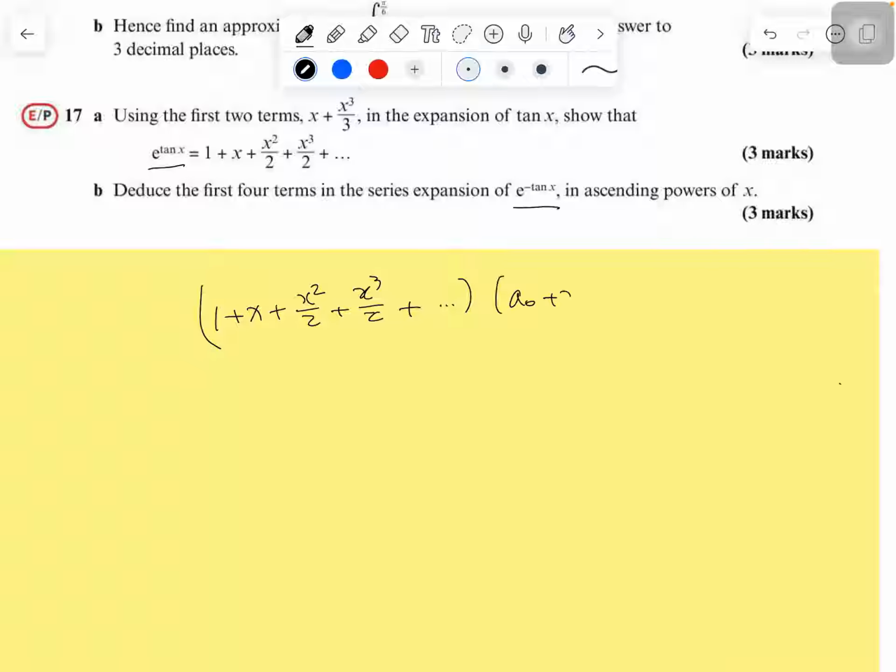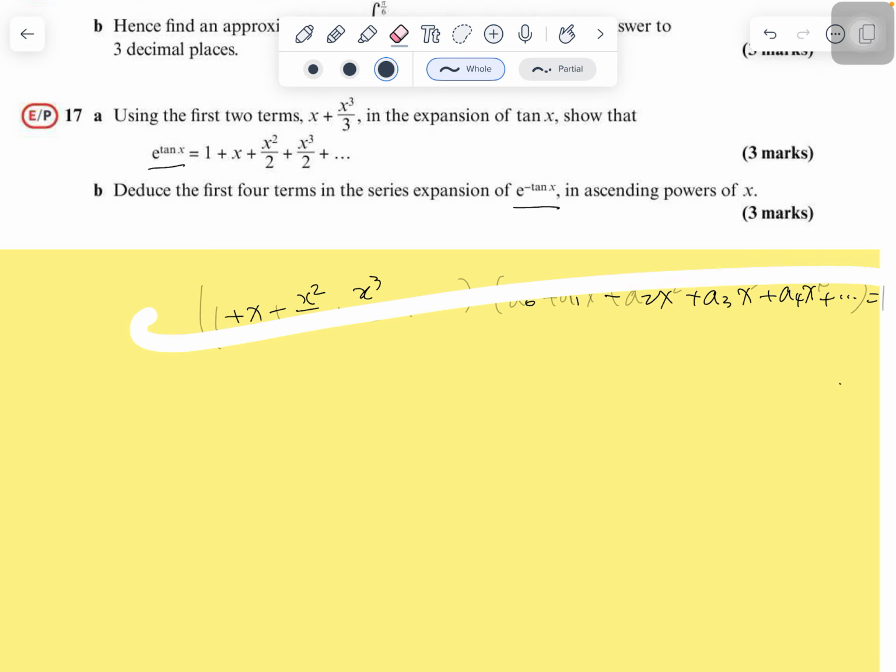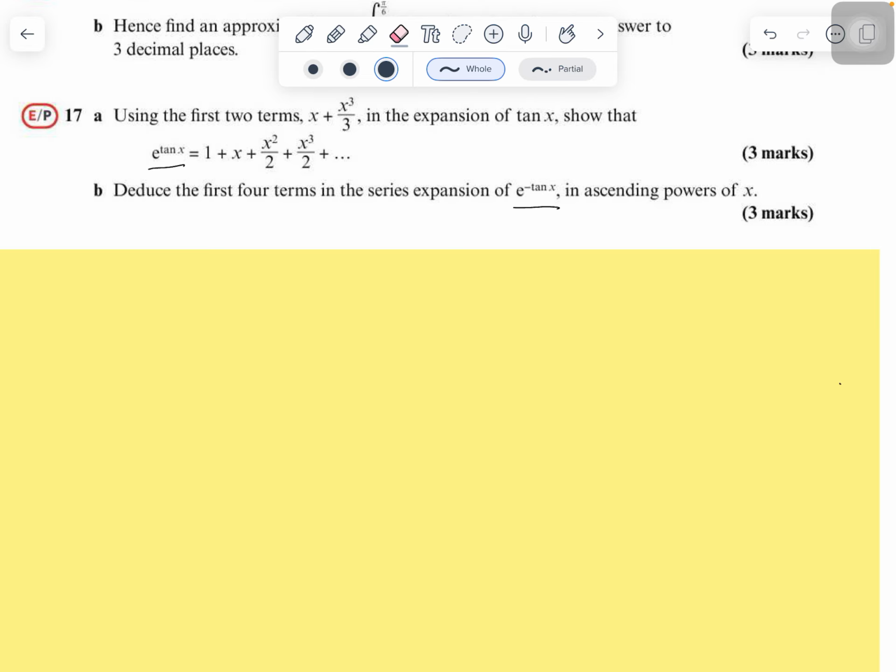And a0, a1 x, a2 x squared, a3 x cubed plus, just in case, a4 x to the power of 4 plus and so on becomes 1. So again, when you expand it, you will figure it out step by step, one by one, from a0, next a1, a2, and so on. And like the previous question.